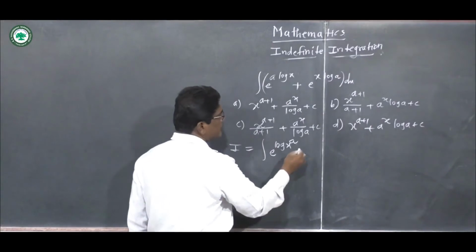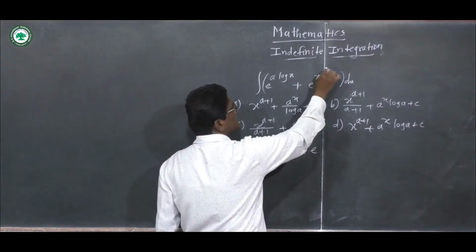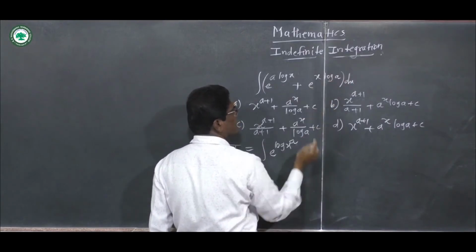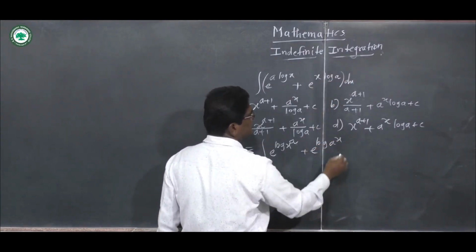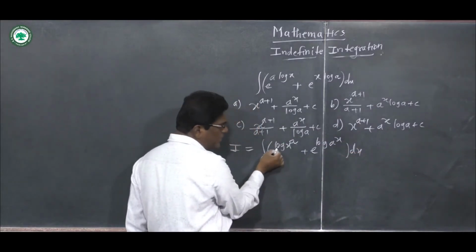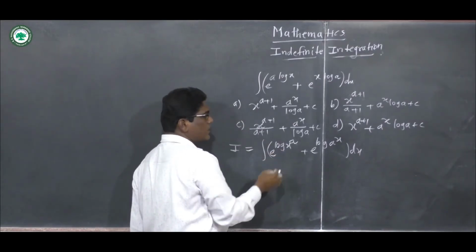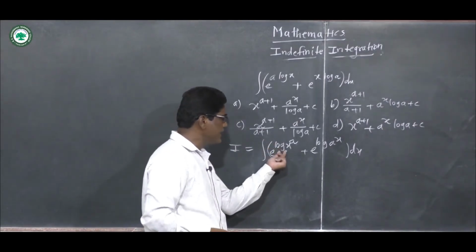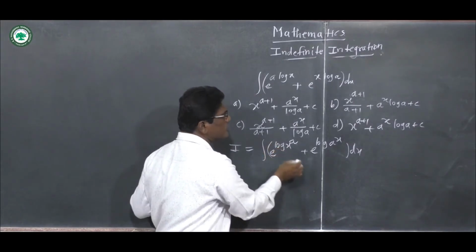Then plus e to the power, and here also we carry this x as a power of a, so log of a to the power x, and dx. Now here the base of the logarithm is e. Here the base is not given, so the base of the logarithm is always e.